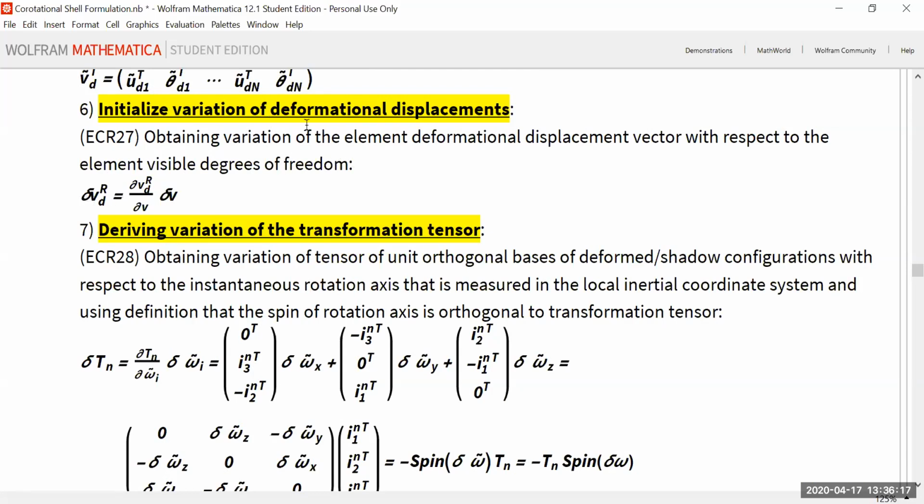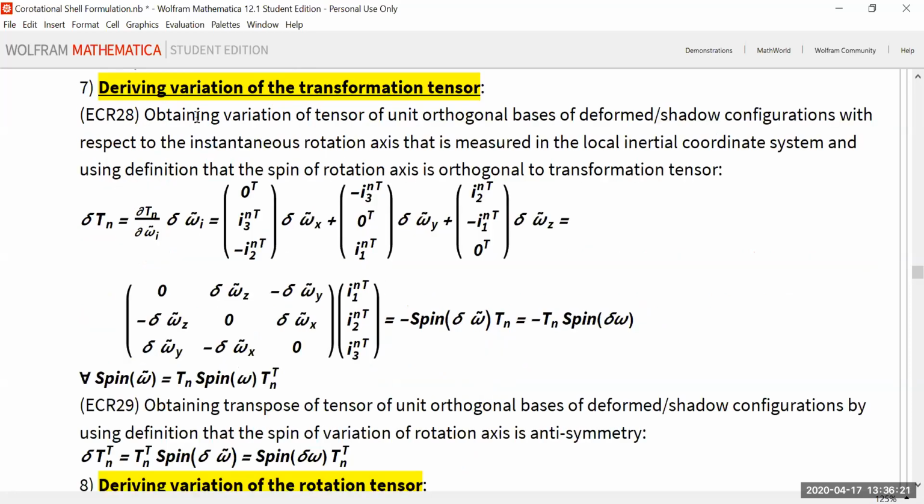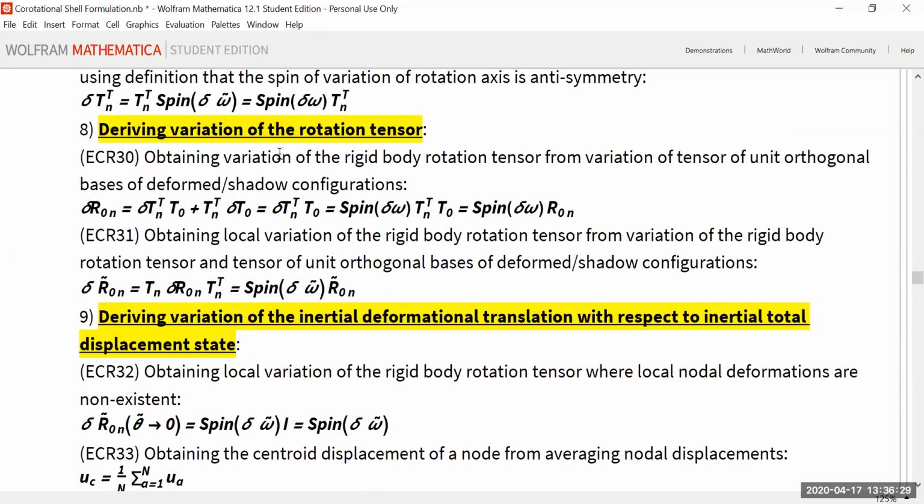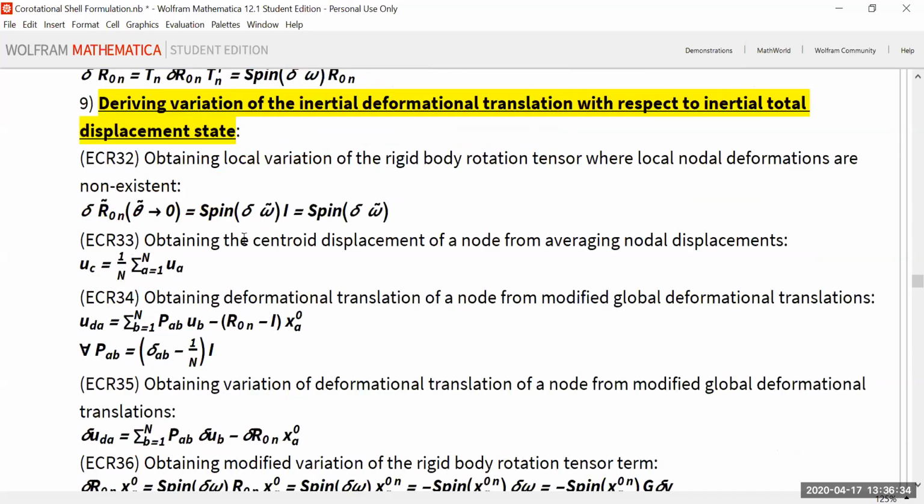So we vary the deformation displacement, and then we also vary the transformation tensor, which is the t that I was talking about. And then we also vary the rotation tensor, and then the variation of your inertial deformation translation.